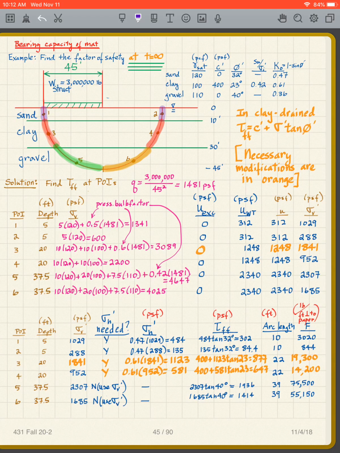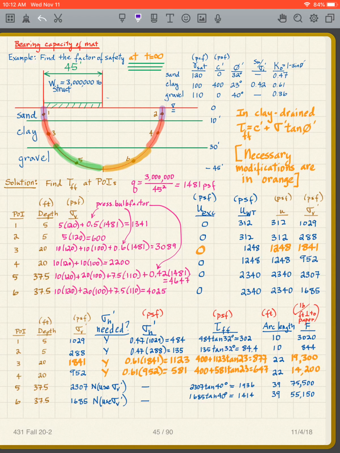So I now use my K naught and my sigma v prime to get my sigma h prime. Once I have my sigma h prime, then I need to use my failure envelope for my clay drained.